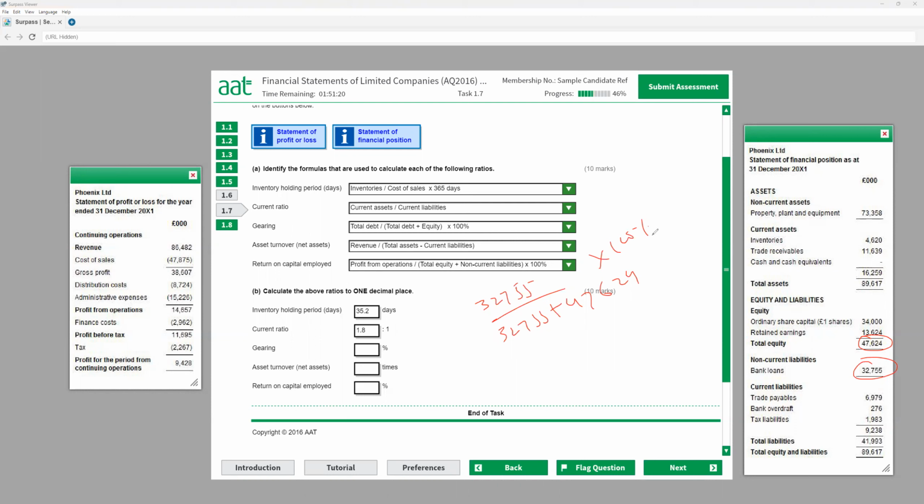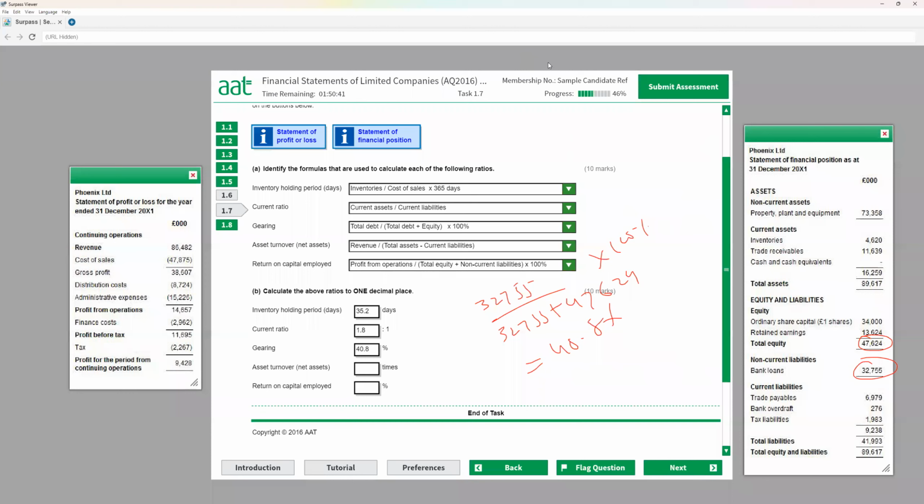So 32,755 divided by 80,379 times 100. And that gives a 40.8%. So 40.8%.